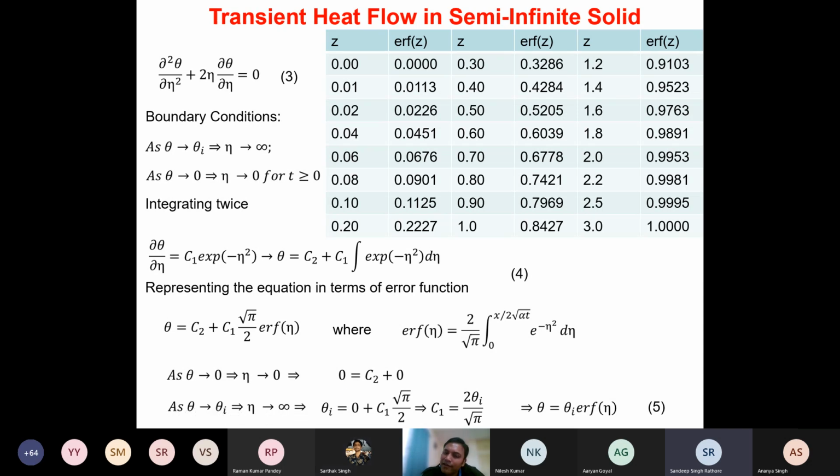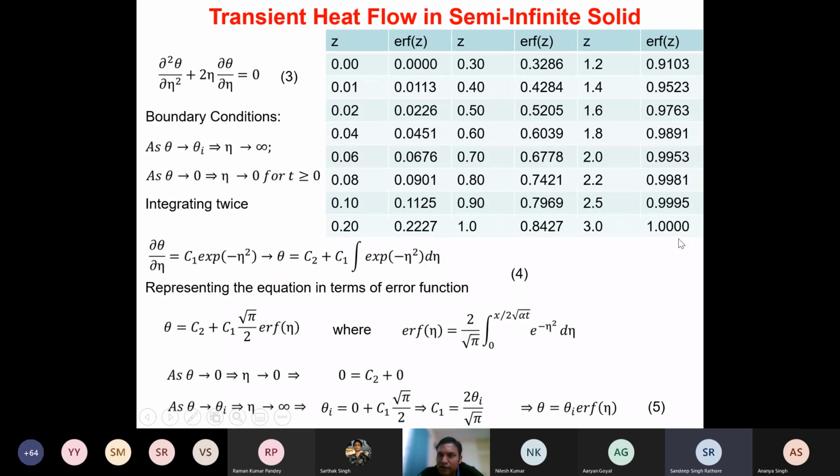Yes, sir. And the second boundary condition, at theta tends to theta I, when eta tends to infinity. If I am having a large value of eta, the value of the error function is just equal to 1, because that is the limiting value. The limiting value of my error function is 0 for the lower limit and 1 for the upper limit.